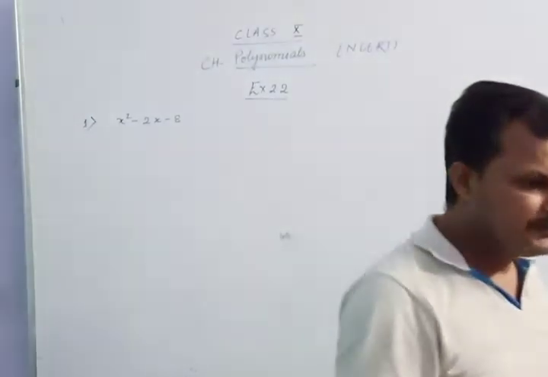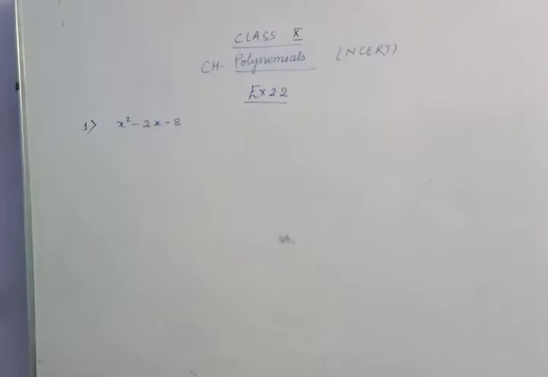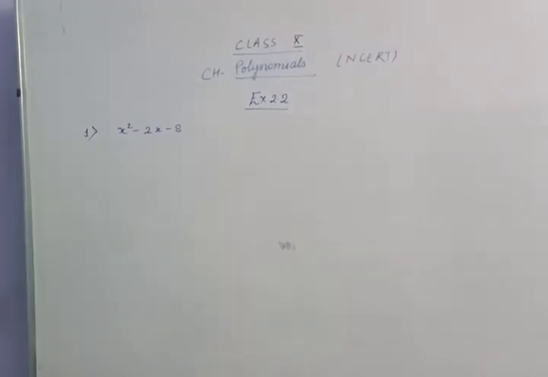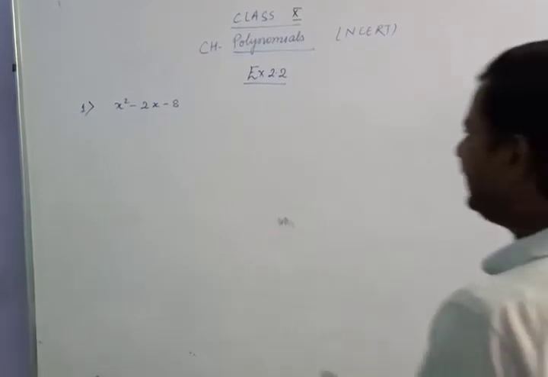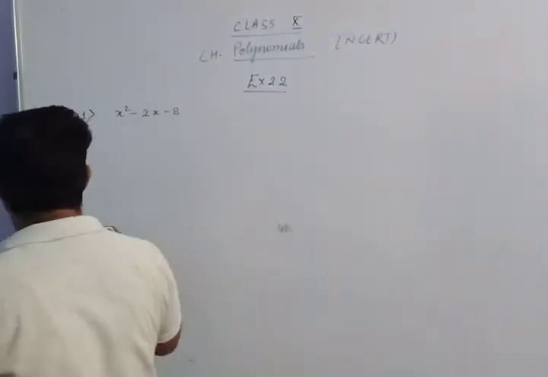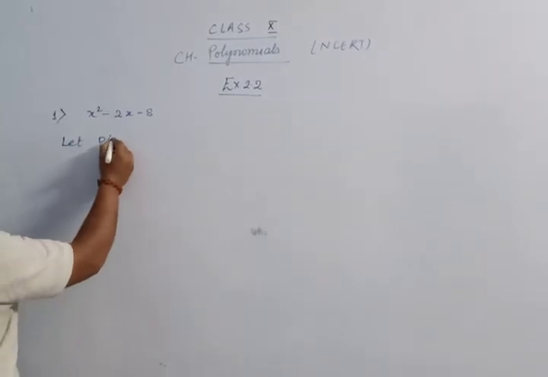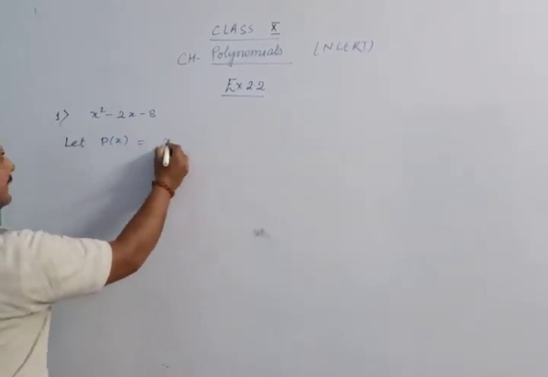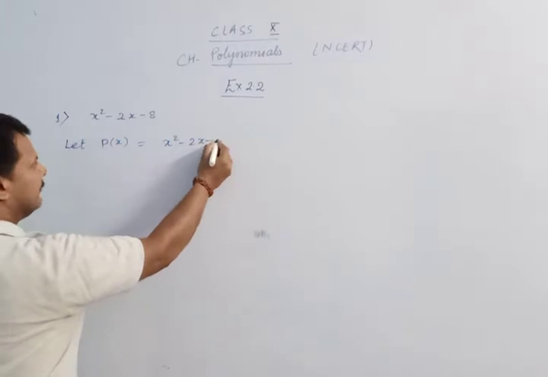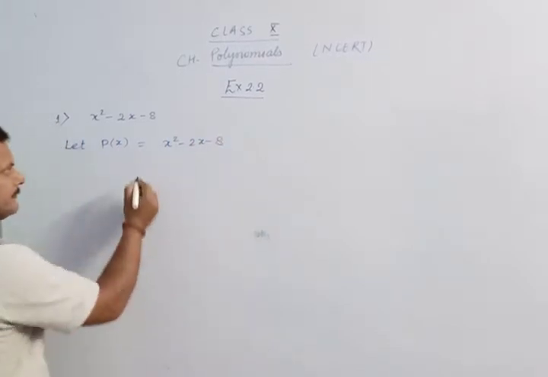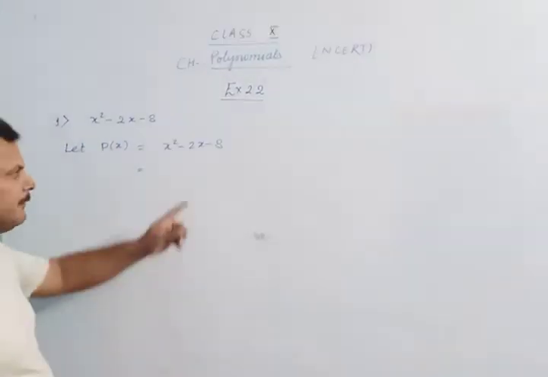Clear? So you have to be very alert, and firstly name the given polynomial. Let P(x) is equal to x square minus 2x minus 8. You know how to break it up?